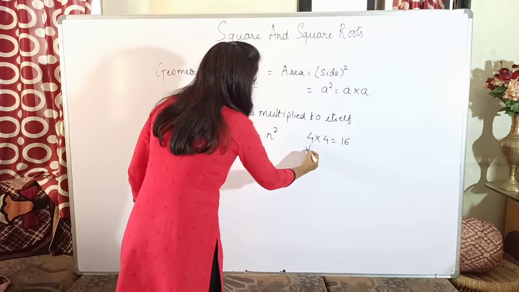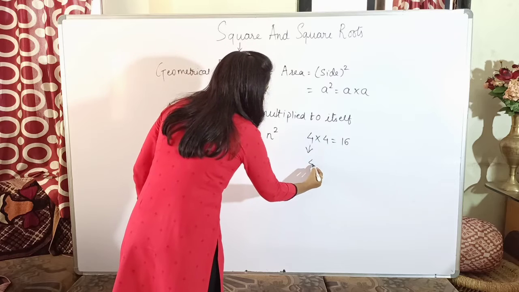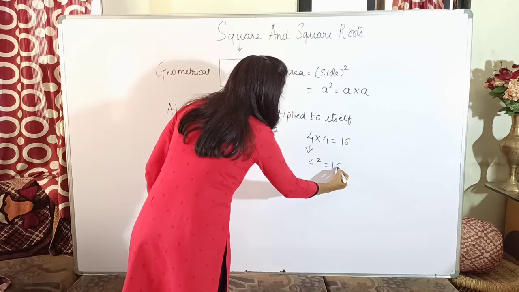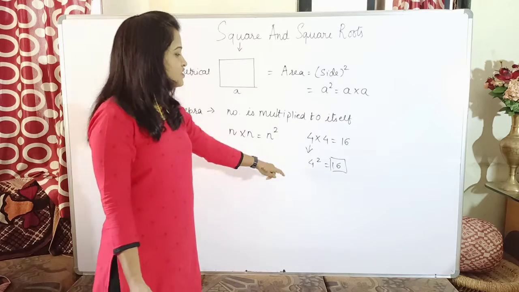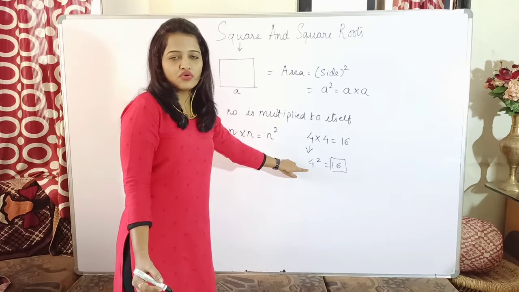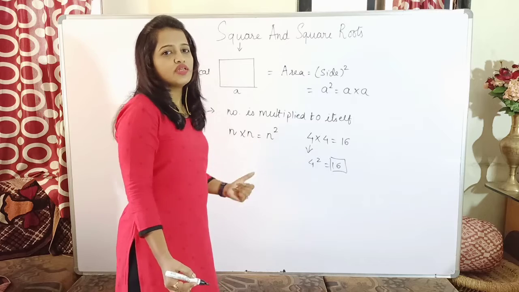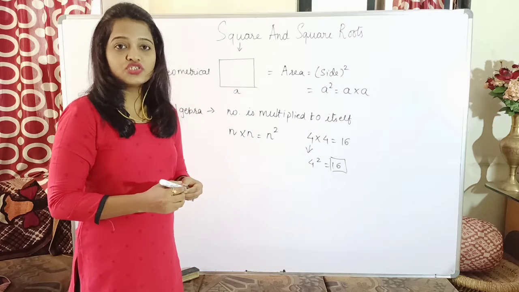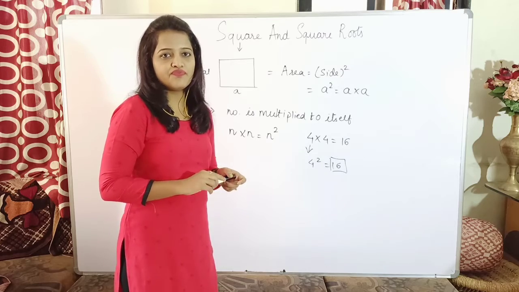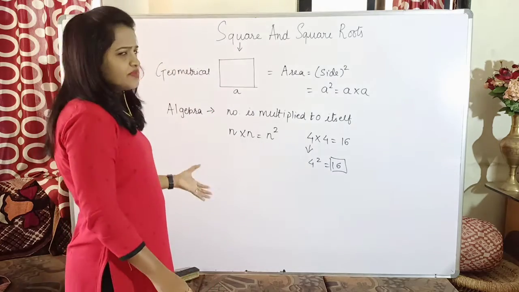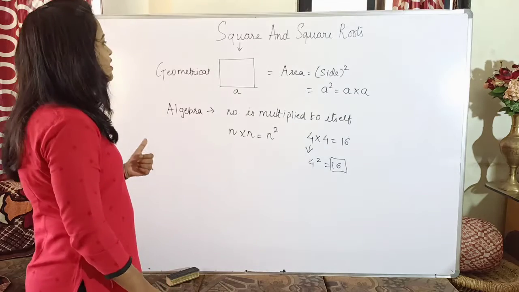It means 4 into 4 could be written as 4 square, which is nothing but 16. So 16 is the square value of the number 4. So what is a square? A square is a number which is obtained when a number is multiplied to itself. This is algebraically the meaning of the square.